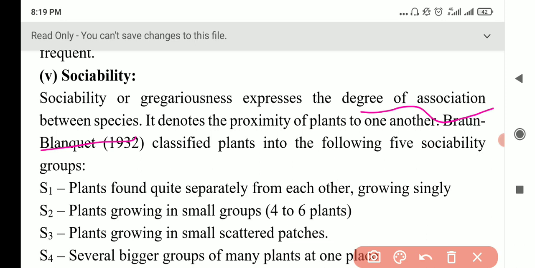So this shows your association, your closeness to each other. Even plants express association between different species. And how much different is that association? Let's say you have a best friend, then you have an acquaintance, then you have hi-bye friends, then you have people you know only by face.